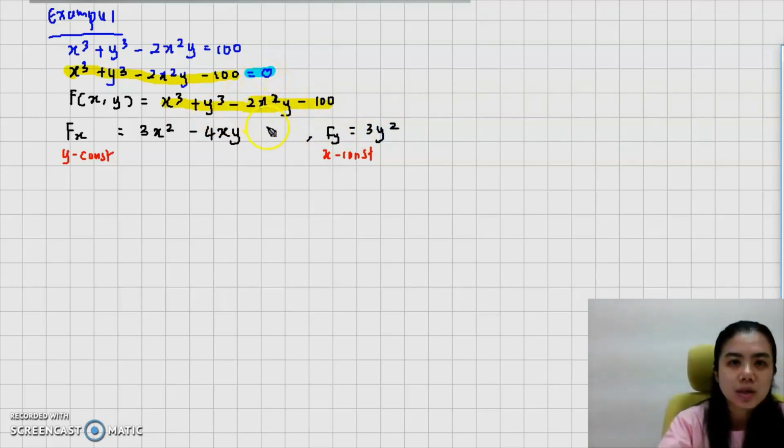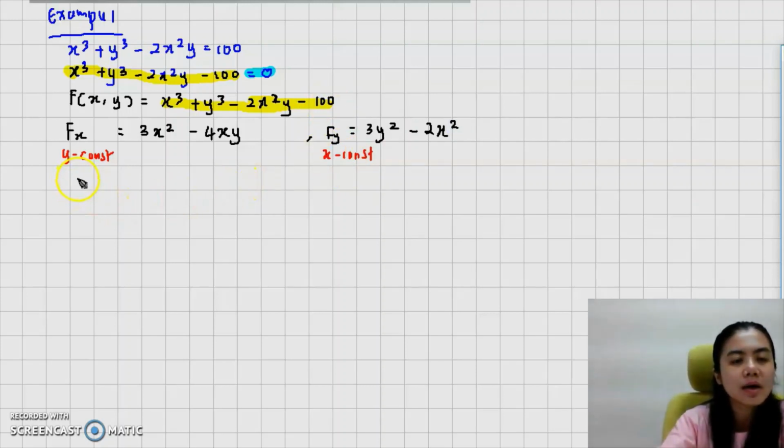The same thing happens here: 2 is constant, x squared is constant, but y you can differentiate. You differentiate the y, you have 1, multiplied with those constants, so you have 2x squared. And this is actually added with 0. So that is our fy.